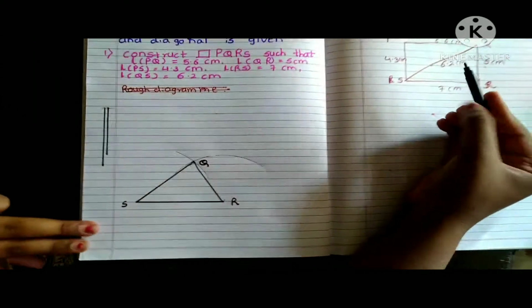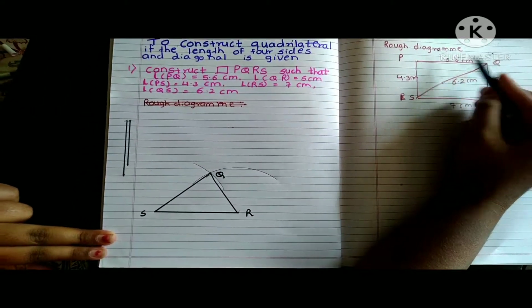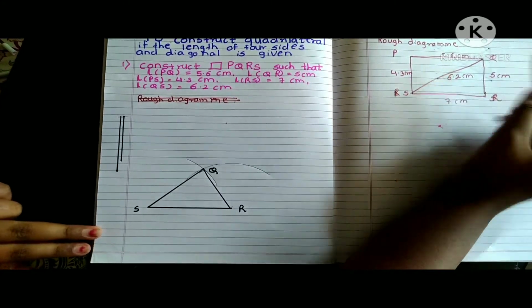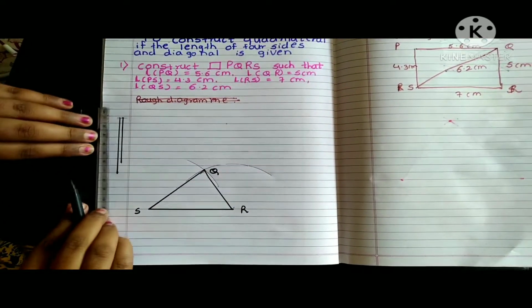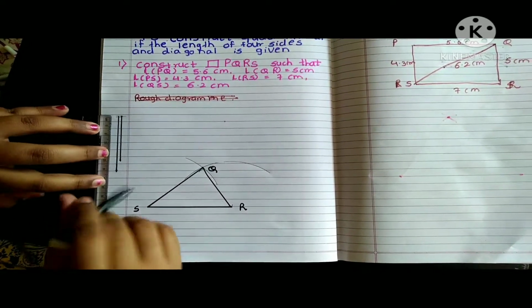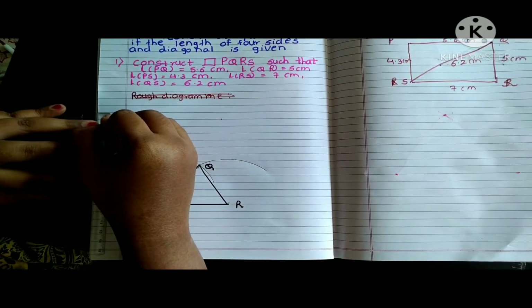Now one more thing is given to us, that QP, that is PQ, is 5.6 centimeter. So again I will draw the line of 5.6 centimeter for taking the measurement.